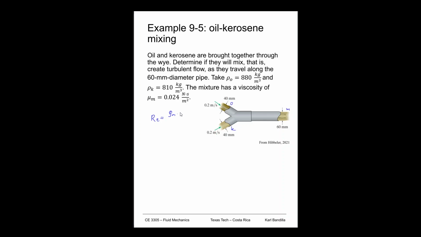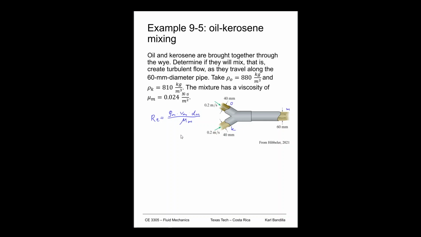Then we want to have that multiplied by the average velocity at the pipe that's going out, so we'll say V mixed. And then the characteristic length scale is going to be the diameter at the mixed level, so we'd have dm, which is 60 millimeters in this case. And of course, all of this is divided by mu of the mixture.